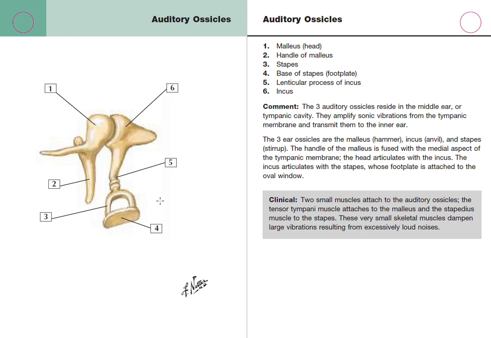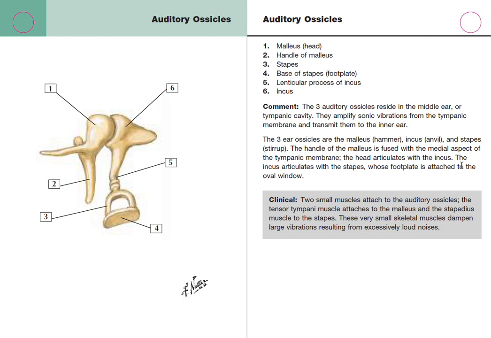The handle of the malleus, in number 2 here, is fused with the medial aspect of the tympanic membrane. The head articulates with the incus. The incus articulates with the stapes, whose footplate is attached to the oval window in the middle ear. 2 small muscles attach to the auditory ossicles.